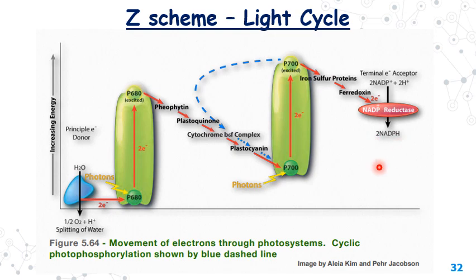So let's say that your Calvin cycle did not take care of all of the NADPH that was available, and you kind of have a shortage of this electron carrier that is oxidized. So in this case, you can shuffle back the electrons to keep on having some ATP synthesis and not really producing NADPH. Right? This is called electron cycling.